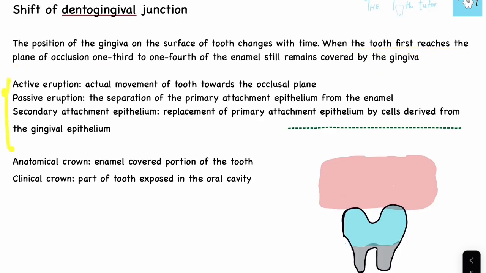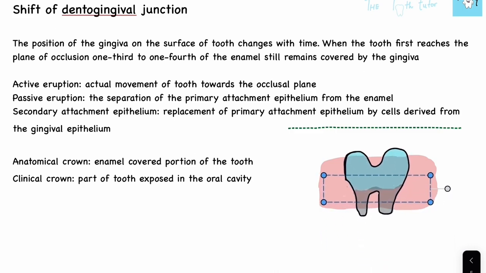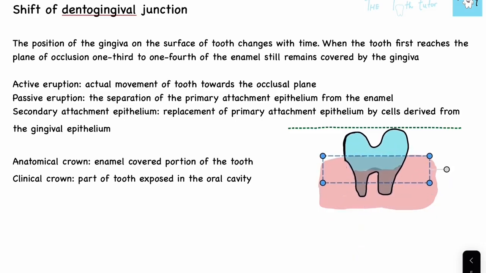And there are three other eruption processes. So first is active eruption. It is the movement of tooth towards the occlusal plane. So what is happening first? I have this tooth. This is the tooth of a baby. The baby has no tooth right now. Now the tooth is erupting. So this tooth will go up the oral mucosa, right? It will go up like this, and it will reach this plane of occlusion.